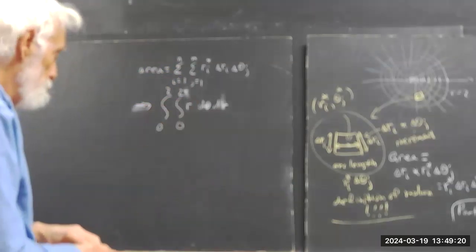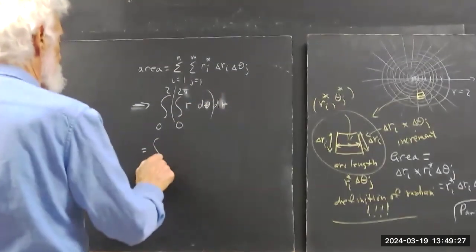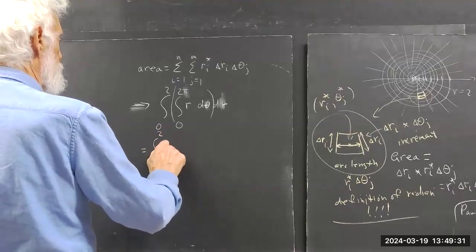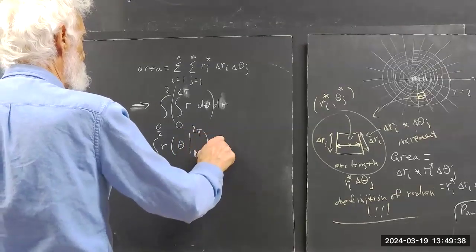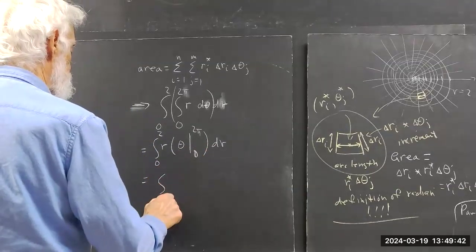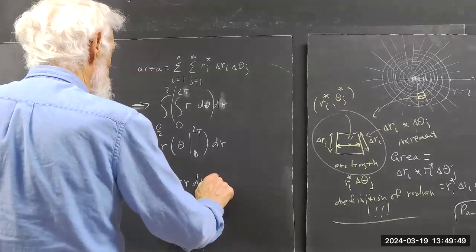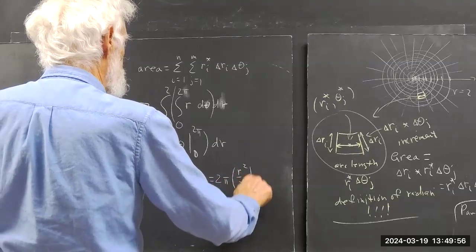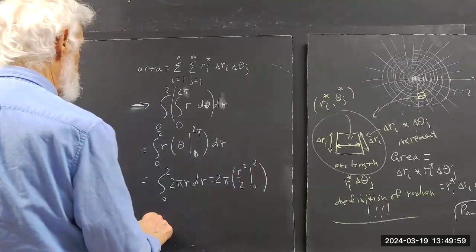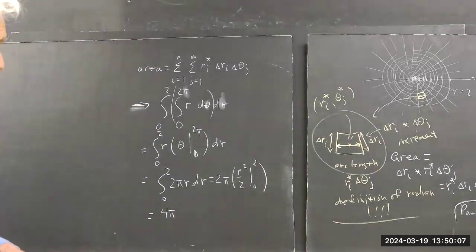You do r d theta dr, do this integral, which equals the integral from 0 to 2 of r times theta evaluated from 2 pi to 0, dr, which equals the integral from 0 to 2 of 2 pi r dr, which is 2 pi times r squared over 2 evaluated between 2 and 0, which is 4 pi, which is the area of a circle of radius 2.